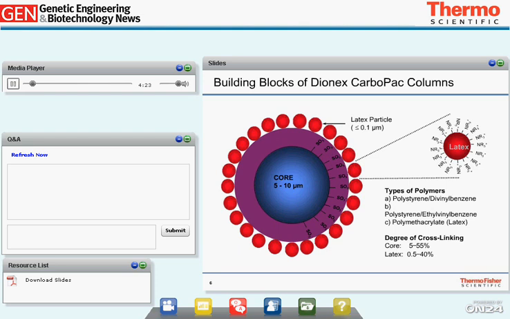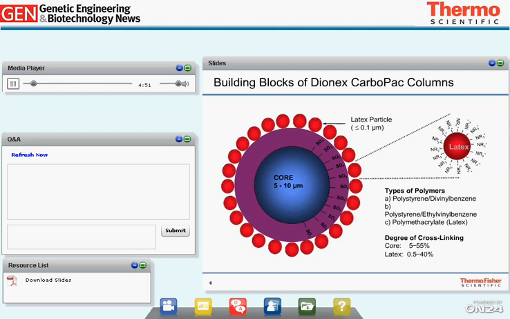The latex layer is the active stationary phase where most of the analyte retention occurs. The latex layer carries the ion exchange groups, in this case quaternary ammonium groups. This layer is permanently attached to the support particle through electrostatic interactions of the quaternary ammonium groups in the latex with the sulfonated layer.